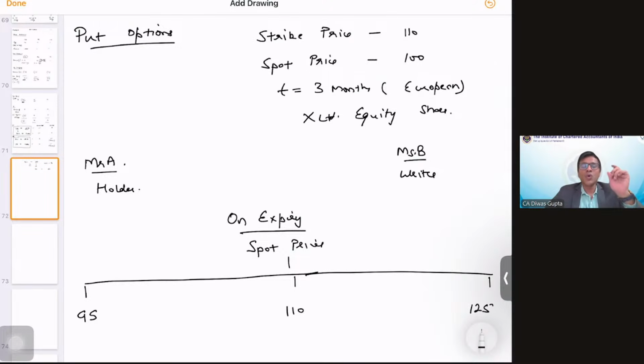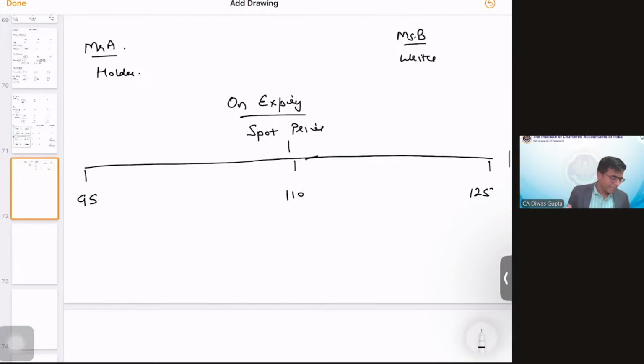Correct? So, because of this contract, I am having a right. The right's value becomes 15 rupees, which is over and above the market price. And hence, the option becomes in the money. So, in this case, the right is to be exercised.